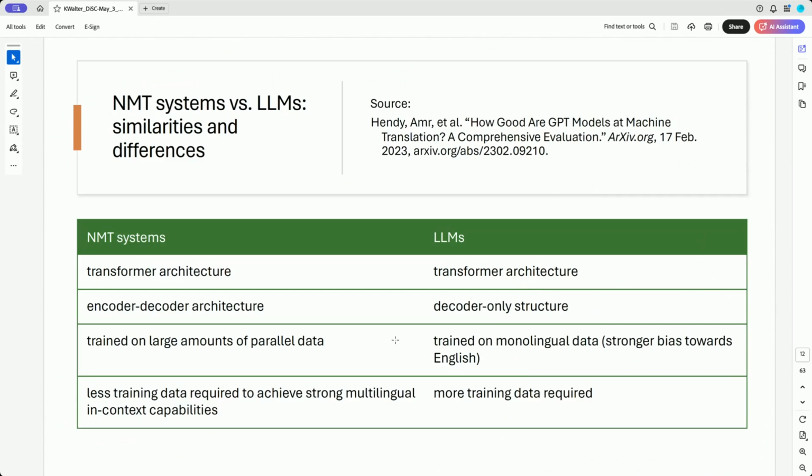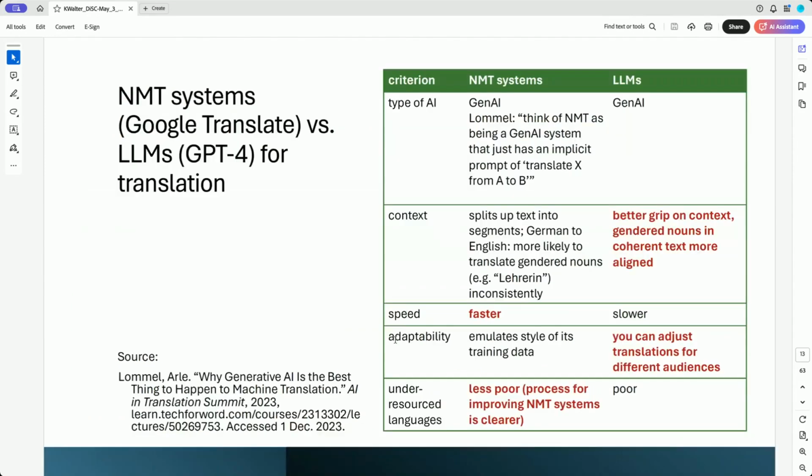NMT systems are trained on large amounts of parallel data, whereas large language models are, of course, trained in different languages, but they're basically trained on monolingual data. So there should be a stronger bias towards English. For NMT systems, even though they require a huge amount of training material to achieve strong multilingual in-context capabilities, comparatively speaking, less training material is required.